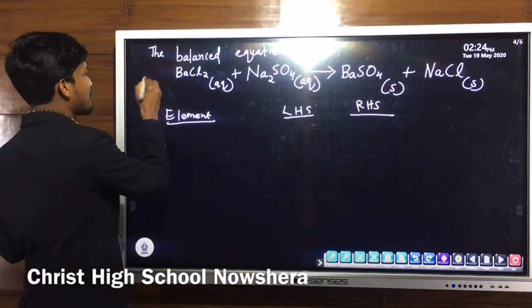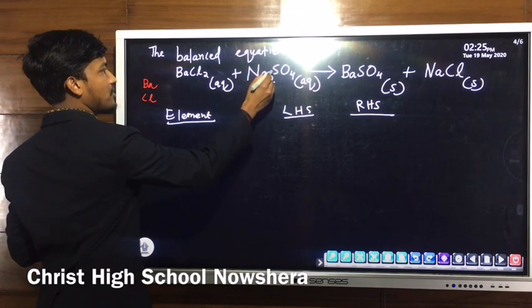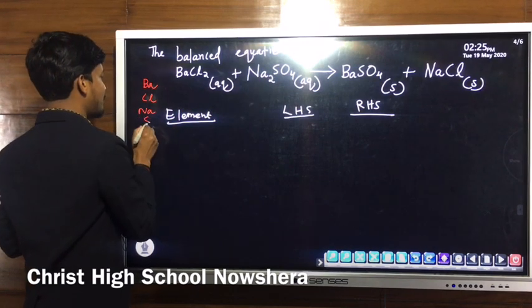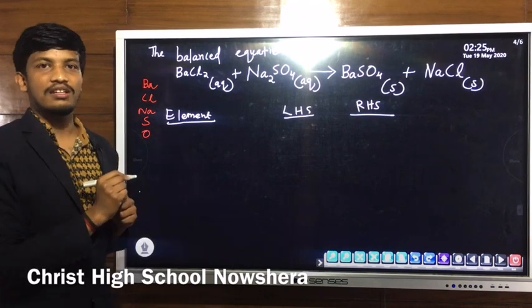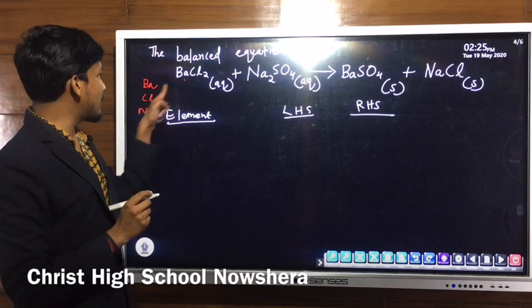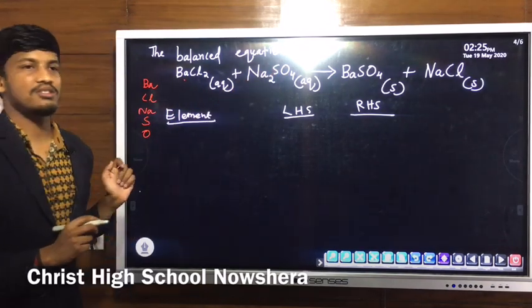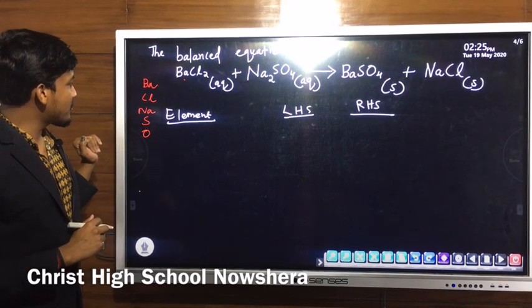From BaCl2 we have barium, Ba, and chlorine, Cl. Then from Na2SO4 we have Na, sodium, S, sulfur, O4, that is oxygen. So these are the different elements: barium, chlorine, sodium, sulfur, oxygen.